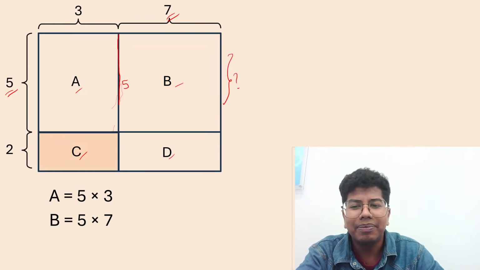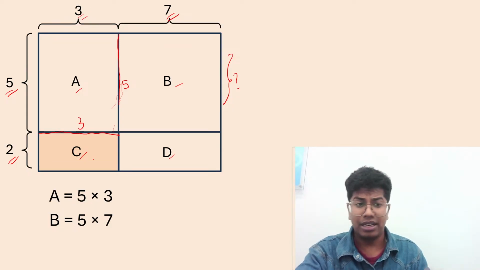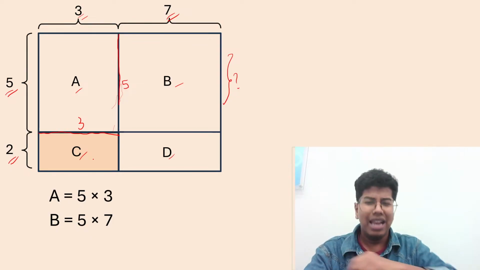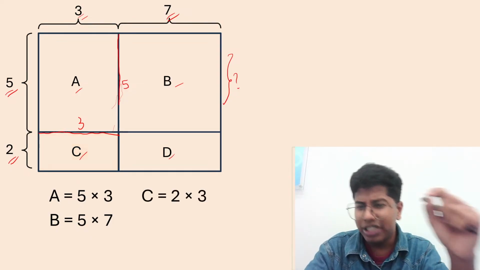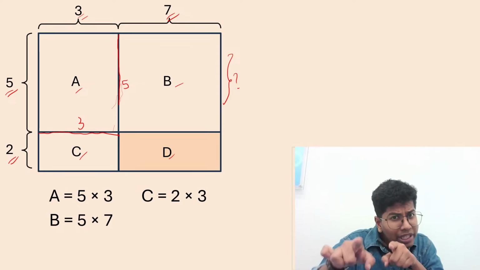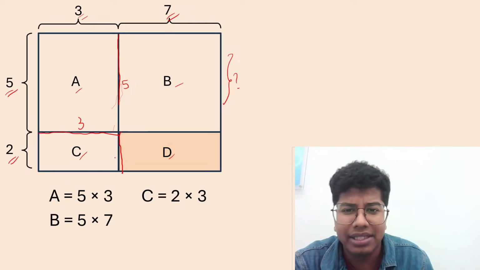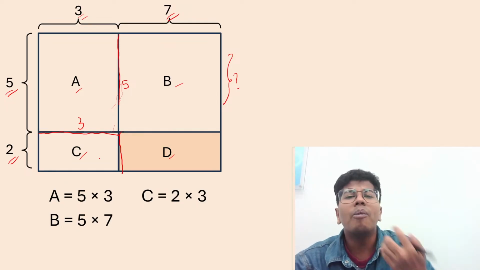Now let's say for C. For C, this is 2. And this part that we can observe here is the length, which is just 3. It's the opposite side, so we can term it as 3. Lastly, after C comes D. D is nothing but how much? Technically, you cannot see any of the values. But let's see: this part is how much?